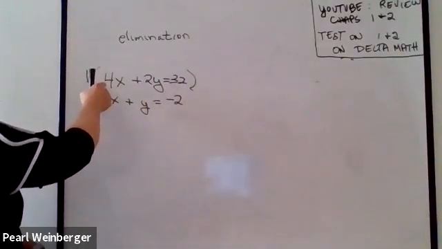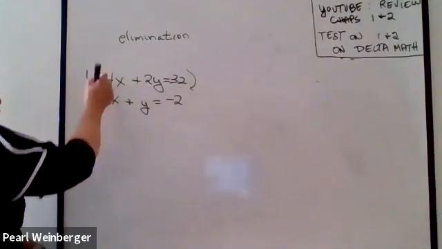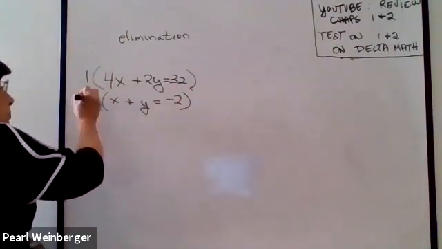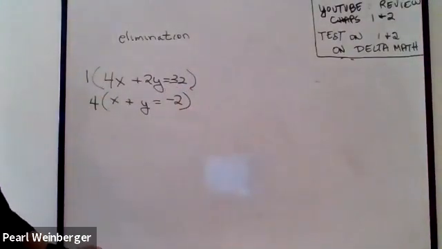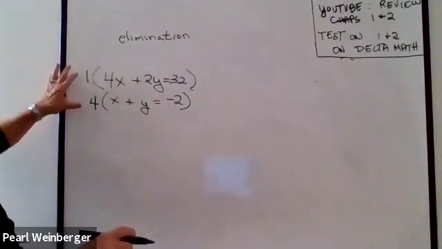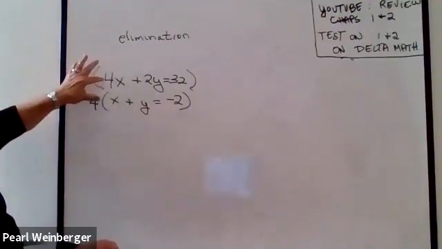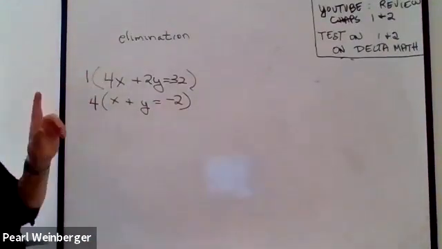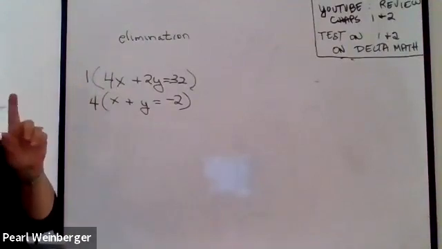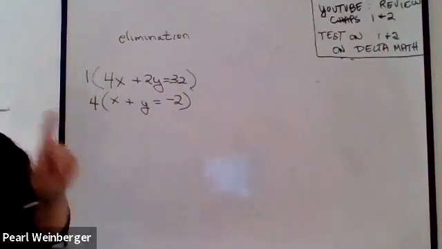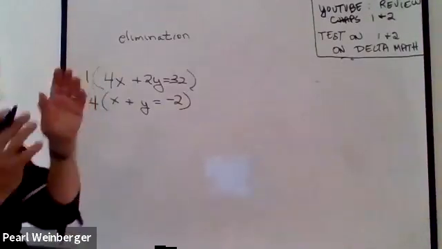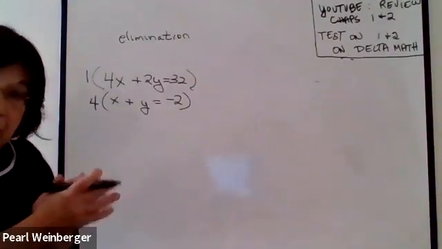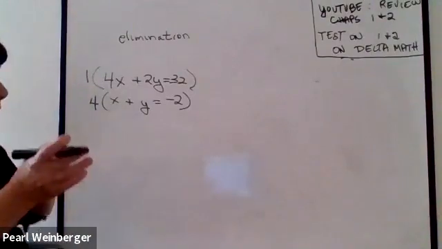The number in front of the x in the first equation is 4, means I'll multiply the bottom equation by 4. Remember, my objective is to get them to be both the same number, but one positive and one negative, so that when I add them, I'll get 0 as a sum.